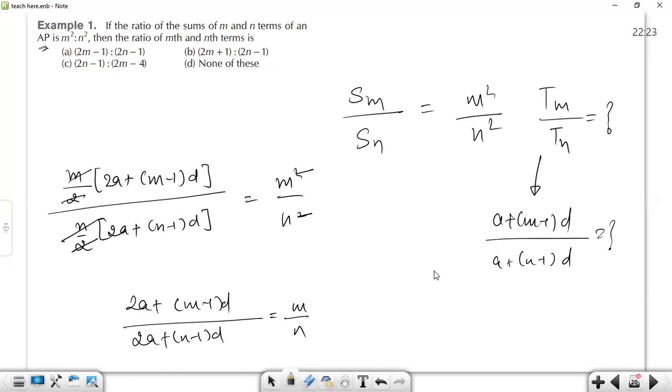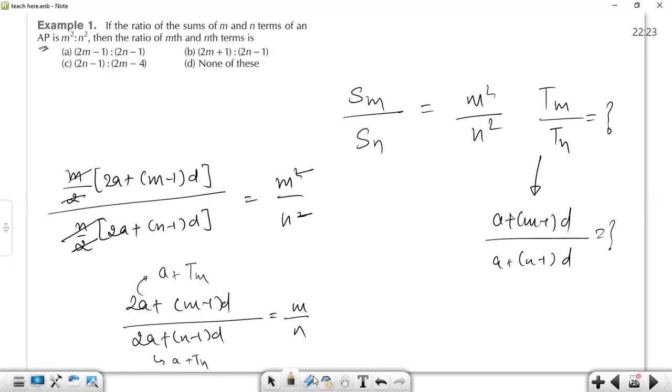We can write it as a plus the mth term, a + (m - 1)d, which is the mth term. We can write it as a plus the nth term. Okay, clear. So this is clear to us.